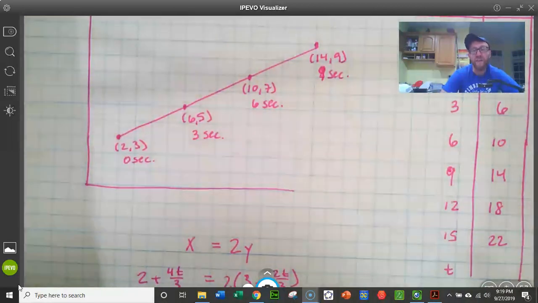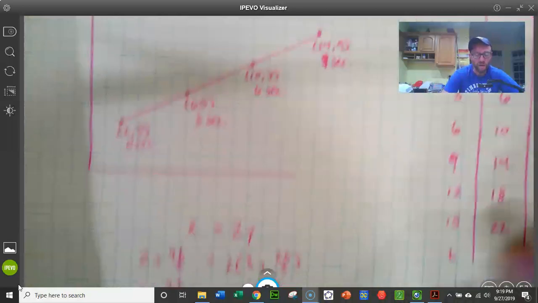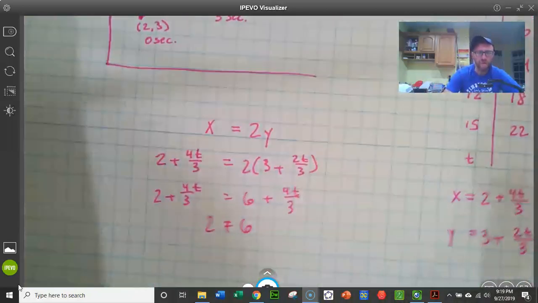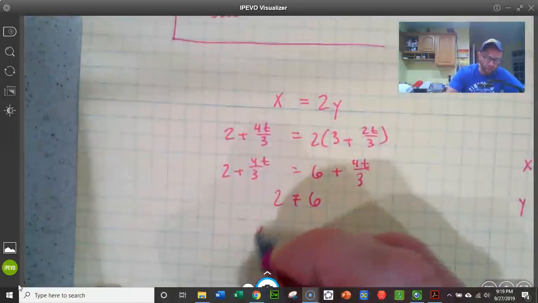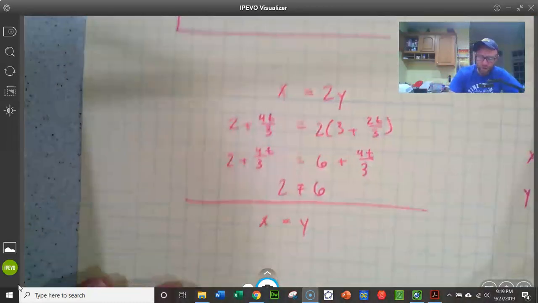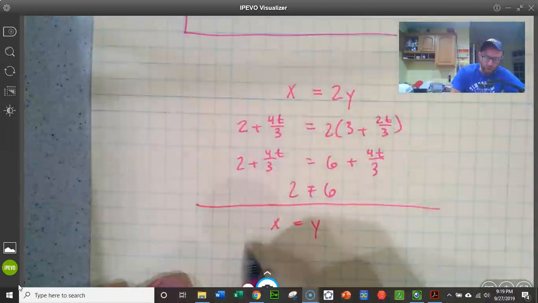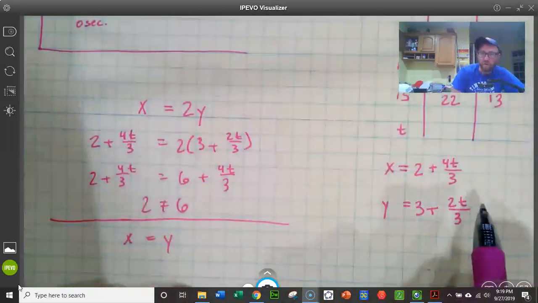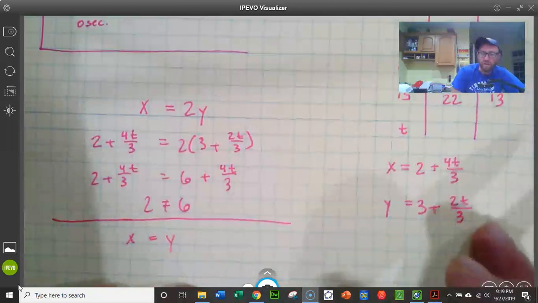Let's pick same distance from x as it is from y. So let's see. That would be when x equals y. Well, this one will have a solution. So that means that there's a point where, here's our parametric equations, 2 plus 4/3 t and 3 plus 2/3 t.